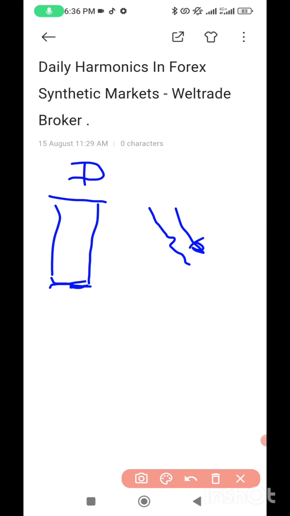But the color of the candle is just for a textural or visual purpose. A red candle does not necessarily mean a bearish candle, and a blue candle does not necessarily mean a bullish candle. The actual meaning of the candle depends on the position of the open and close price.